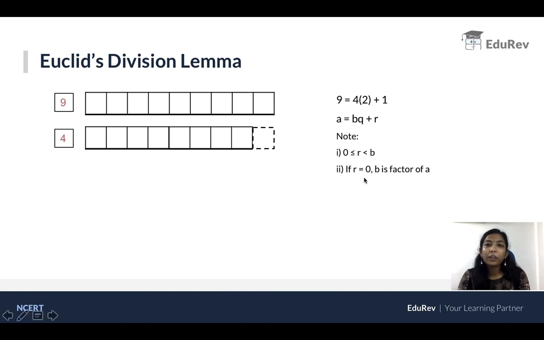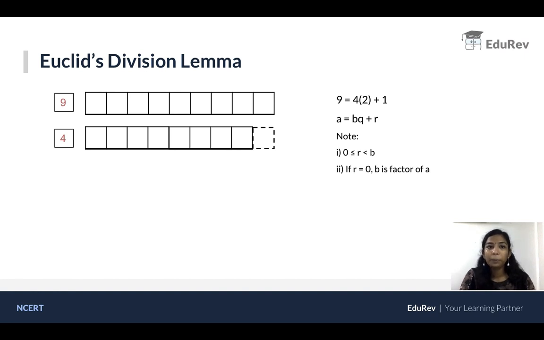And when R is equal to 0, you simply say B is a factor of A, or A is divisible by B. Just remember, any number A can be written as BQ plus R, where R is greater than or equal to 0 and less than B. That is the thing you have to grasp from this slide.